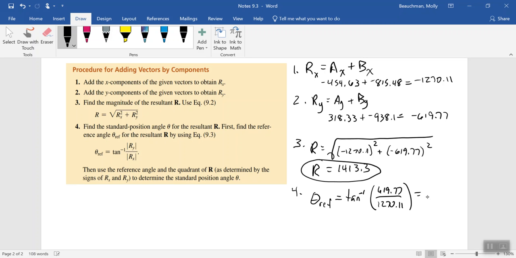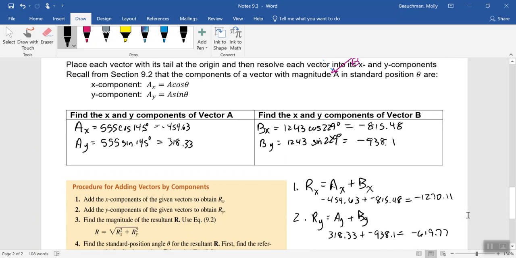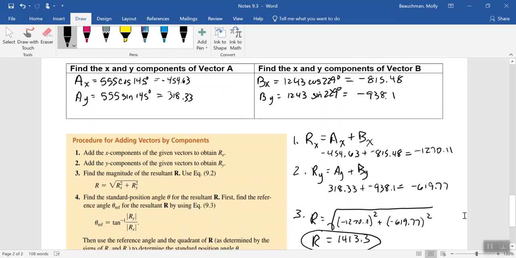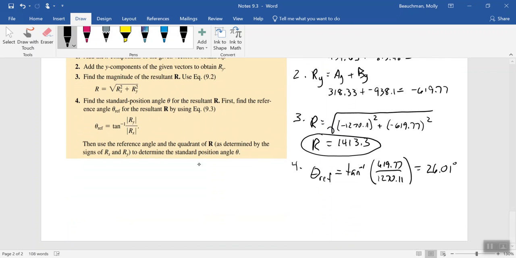Throw it in the calculator, and we end up with 26.01 degrees. That's not our answer yet. That is the reference angle. So let me draw it again down here. Our resultant vector is down here.